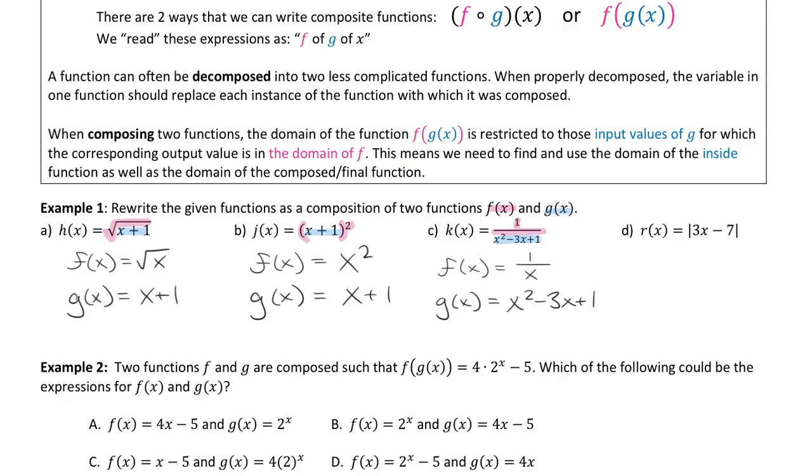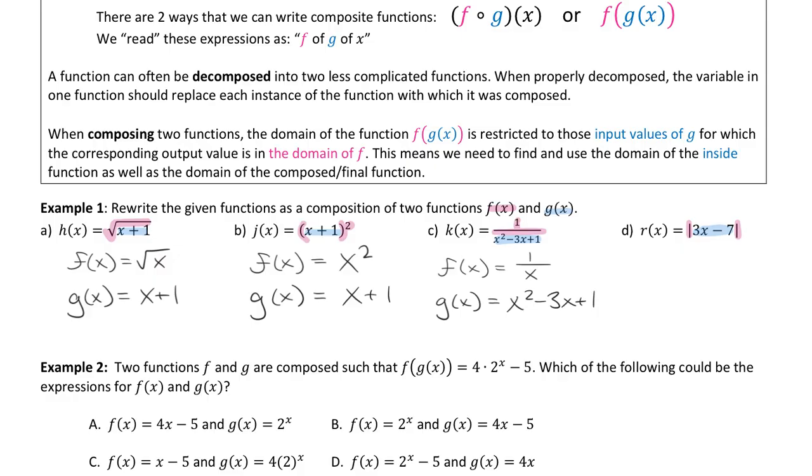What do you guys think is the inside function for letter D? 3x minus 7. Nice. So again, we notice that there is a linear function right here. And what is it inside of? What are these called? Do we remember? The absolute value bars. Nice. So that's an absolute value function.